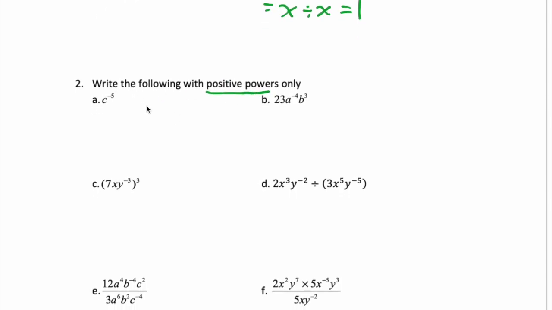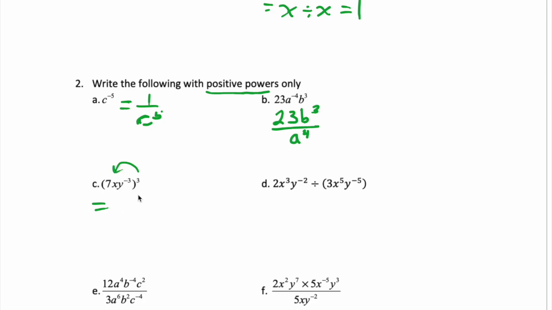With only positive powers, this is 1 over c to the power of 5. The only negative exponent here is the negative 4, so 23b cubed is still in the numerator, and the denominator is 8 to the power of 4. Here you can cube the 7.